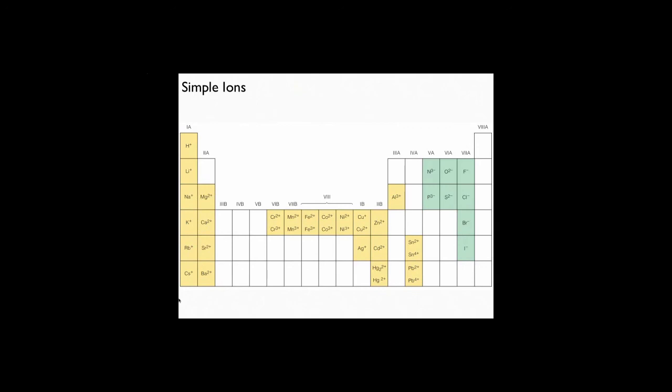And for instance, fluorine, chlorine, bromine, and iodine, the halides form -1 ions. You should also notice that the metals all form positively charged ions, and the nonmetals form negatively charged ions. And that's because metals tend to lose electrons, whereas nonmetals tend to take electrons or gain electrons.